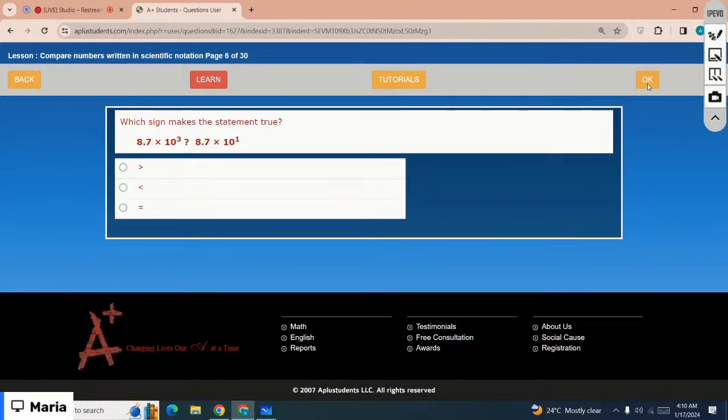The next one is which sign makes the statement true? 8.7 times 10 exponent 3. Which is the correct option?